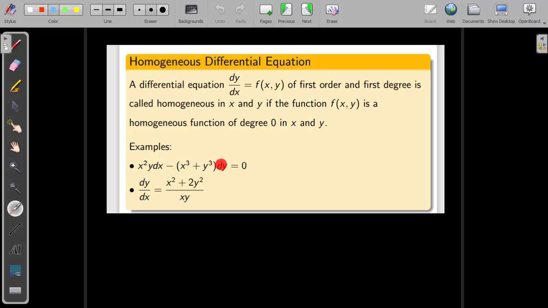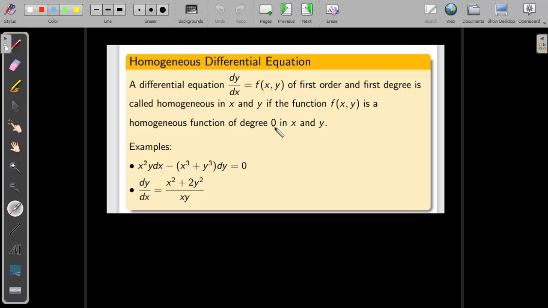Similarly here, dy/dx equals this right side quantity, which is a function of x and y. Every term in the numerator as well as the denominator has degree 2, so it could be written like k^0 times f(x,y), which means a degree 0 homogeneous function.